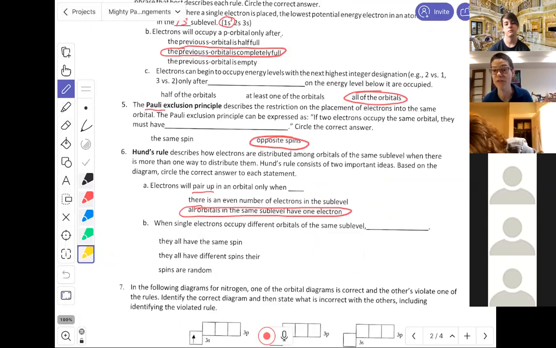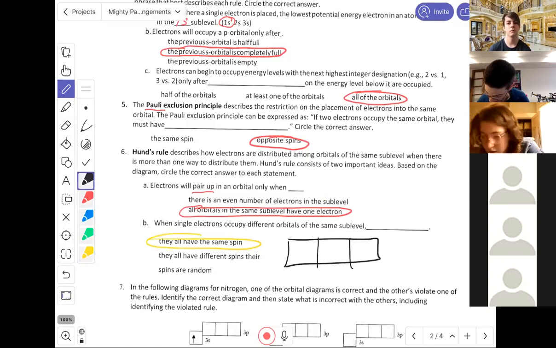And then once everybody has their own seat, if you keep adding electrons, then you start pairing up. And when you pair up, you are going to have to sit in the opposite direction. So everything in the same sublevel is all going to have the same spin, so that you can pack them in this way. So it always ends up looking like this.